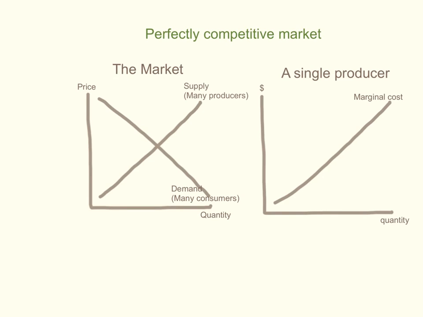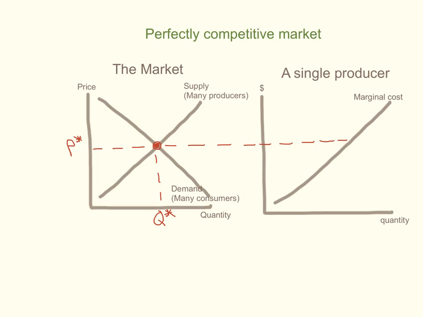Instead, the price of the product is determined by the interaction of all the producers and all the consumers interacting with each other. So the interaction of supply and demand gives us our equilibrium price of our product, P star, and tells us how many economic transactions will actually occur in this market. And then our producer is what we call a price taker. She looks at the market and sees what the market price is and takes that as her marginal revenue line.